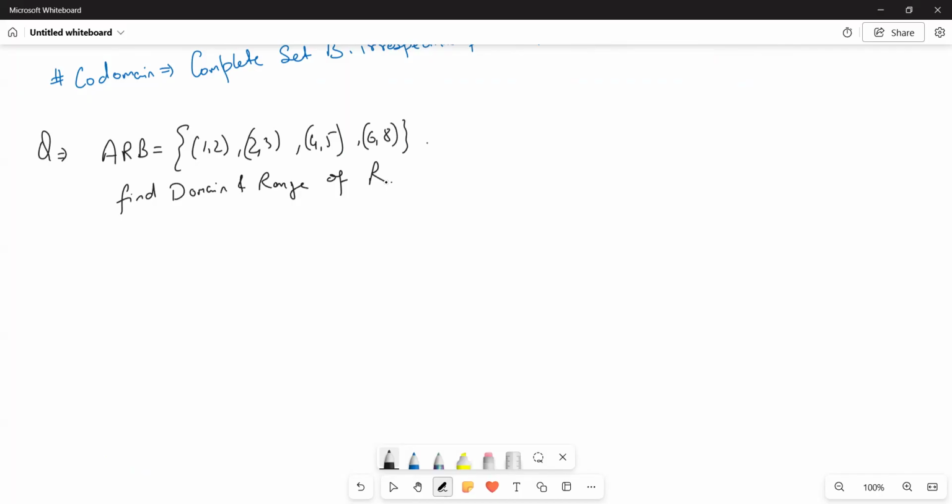The domain would be 1, 2, 4, 6. Yes, correct, because these are the elements present in the first place. And what would be the range? 2, 3, 5, 8. This would be the range of the relation.